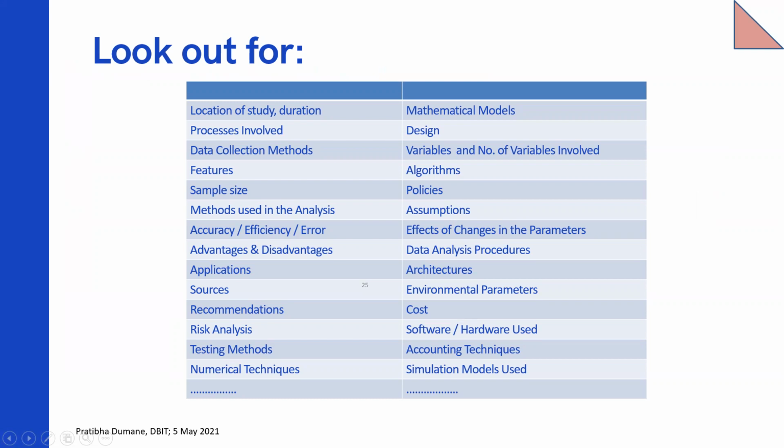what were the advantages and disadvantages, what were the applications, what were the sources, what are the recommendations of the authors, what is the risk analysis done, what were the testing methods used, what numerical techniques or mathematical models or design procedures were used, what were the algorithms, were any assumptions made by the authors, what are the effects of changes in the parameters, what are the different data analysis procedures, were different architectures involved, were any environmental parameters taken into consideration, what was the software and hardware used, what were the accounting techniques, what are the simulation models used.